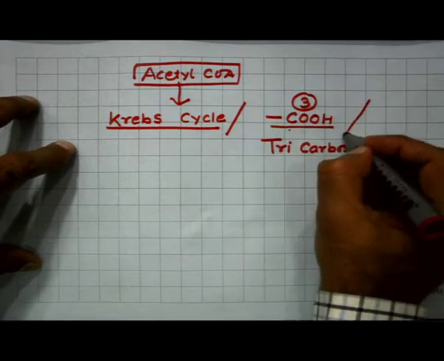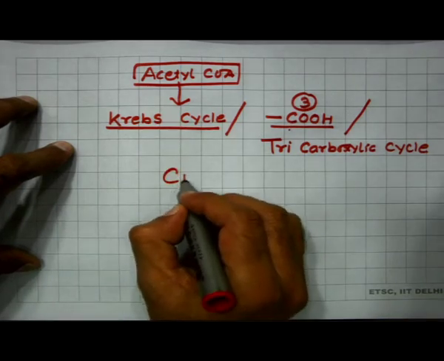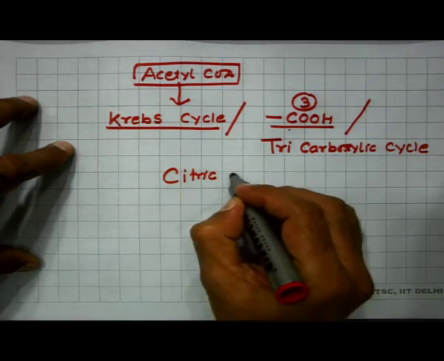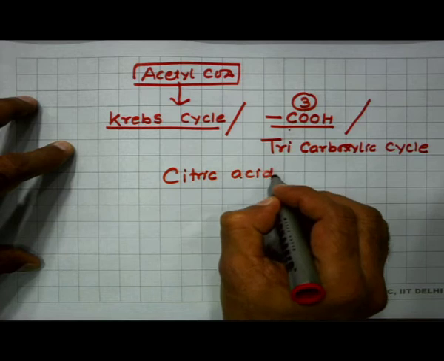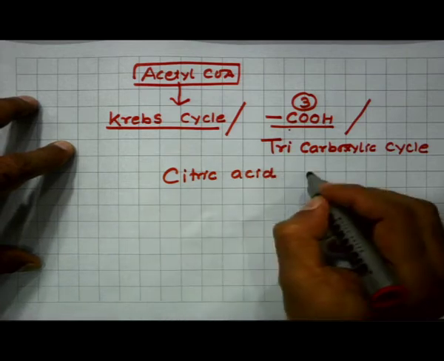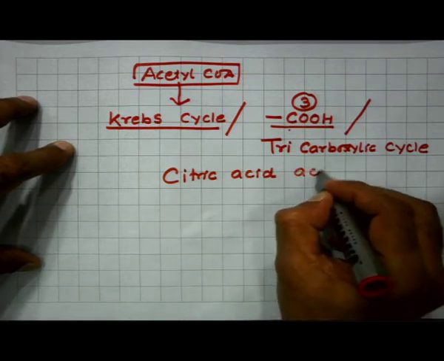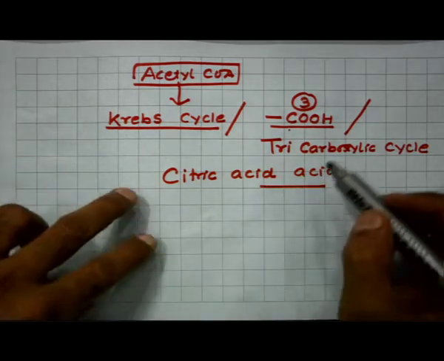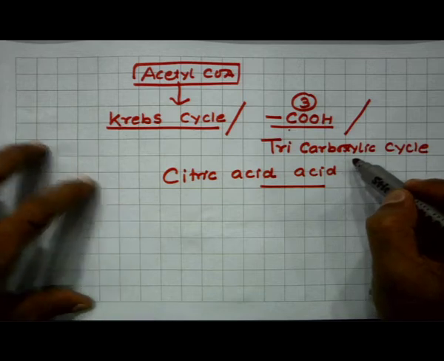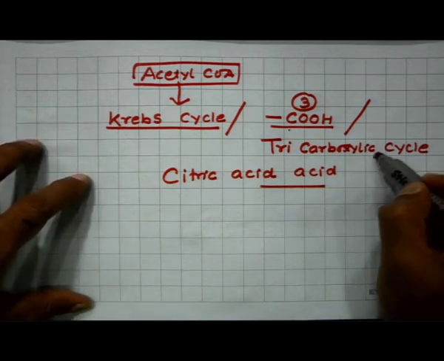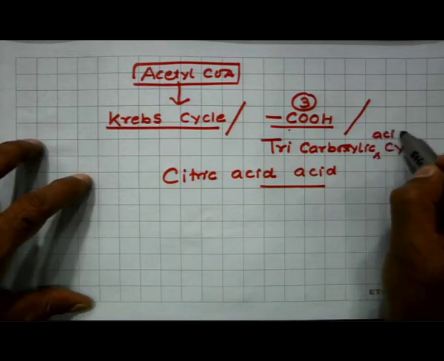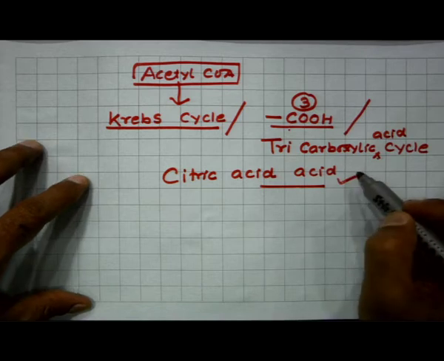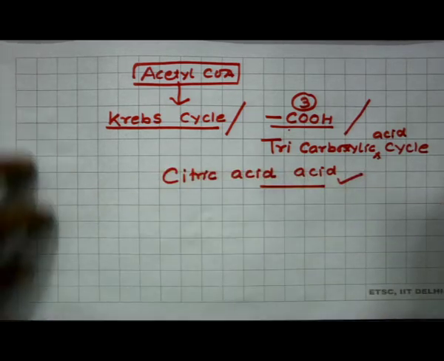The product is called citric acid, so this cycle is also called the citric acid cycle. So, the Krebs cycle is also named as the tricarboxylic acid cycle, citric acid cycle and Krebs cycle.